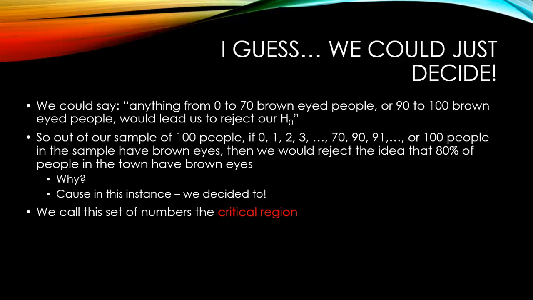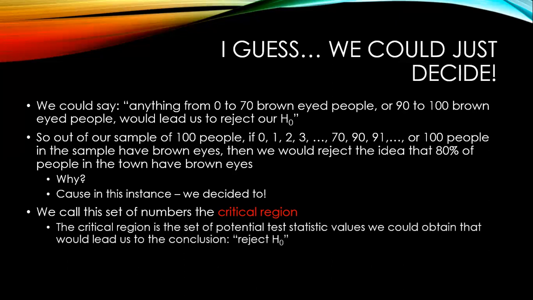So we've decided that out of 100 people, if we record 0, 1, 2, 3, all the way up to 70, or 90, 91, all the way up to 100 people with brown eyes, we would reject H0. So the set of potential test statistic values we could obtain that would lead us to reject H0 is called the critical region.